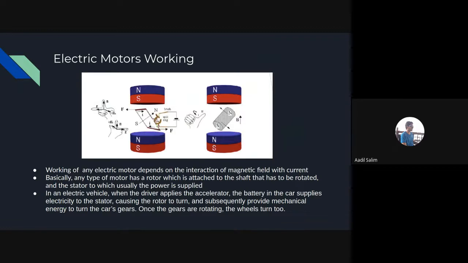One is the rotor, connected to the shaft, the crankshaft, which has to be rotated, and the other is the stator. The stator does not rotate. Almost always the power is supplied to the stator. How each motor differs is the way in which this power is converted to rotational kinetic energy of the rotor and the shaft.